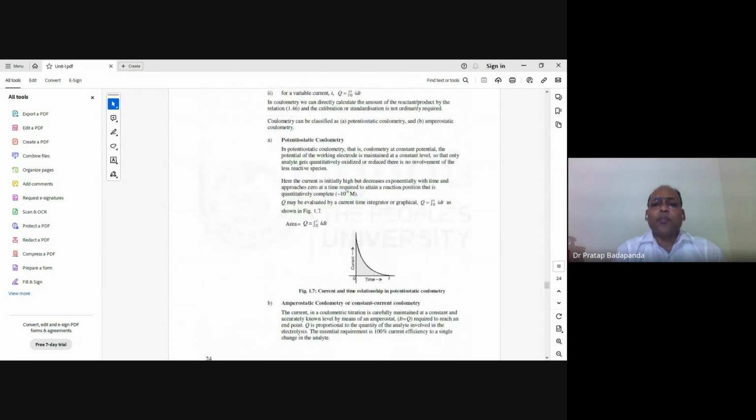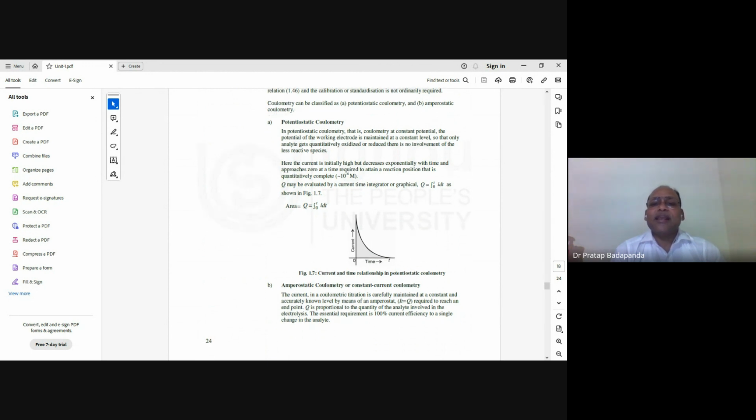Then potentiostatic coulometry. There are two types of coulometry methods: one is potentiostatic coulometry and the other is amperostatic coulometry. Potentiostatic coulometry is coulometry at a constant potential.